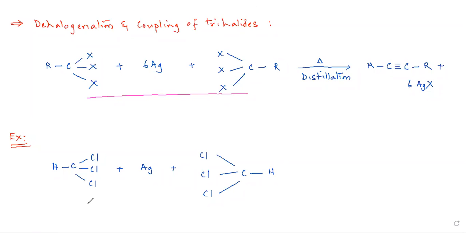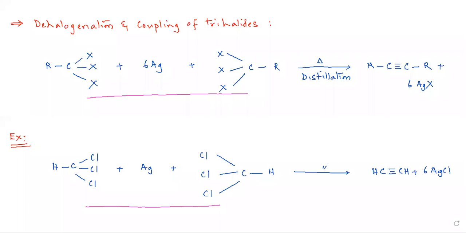Chloroform on distillation with silver powder gives acetylene, plus 6 AgCl.